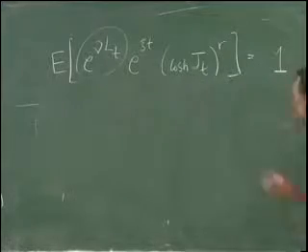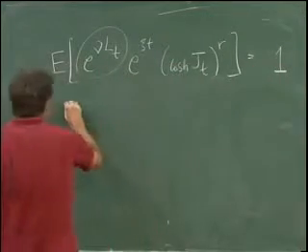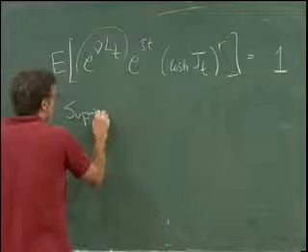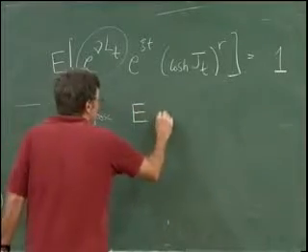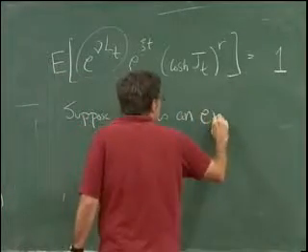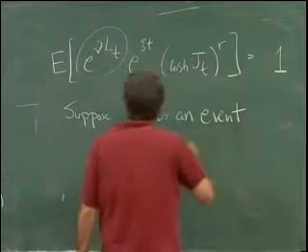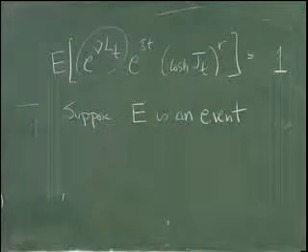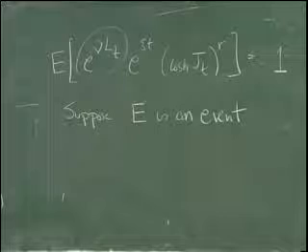So suppose E is an event depending on everything up to time t in the new parameterization.